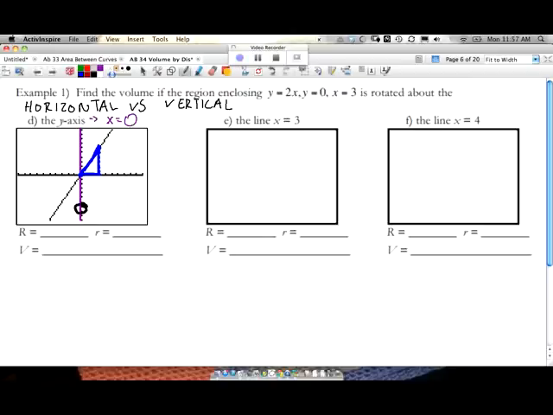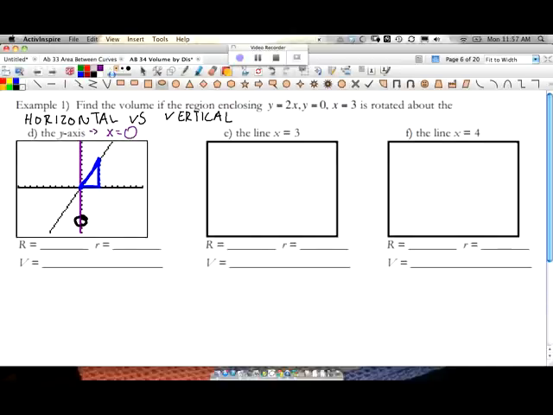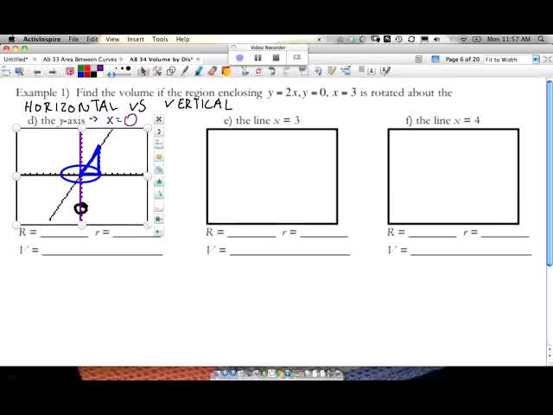So let's draw a washer in here, or disc. We don't want it filled in, we want that empty. There we go. So here's 3. That would be a washer right there. Okay, so that's the piece that's spinning around.